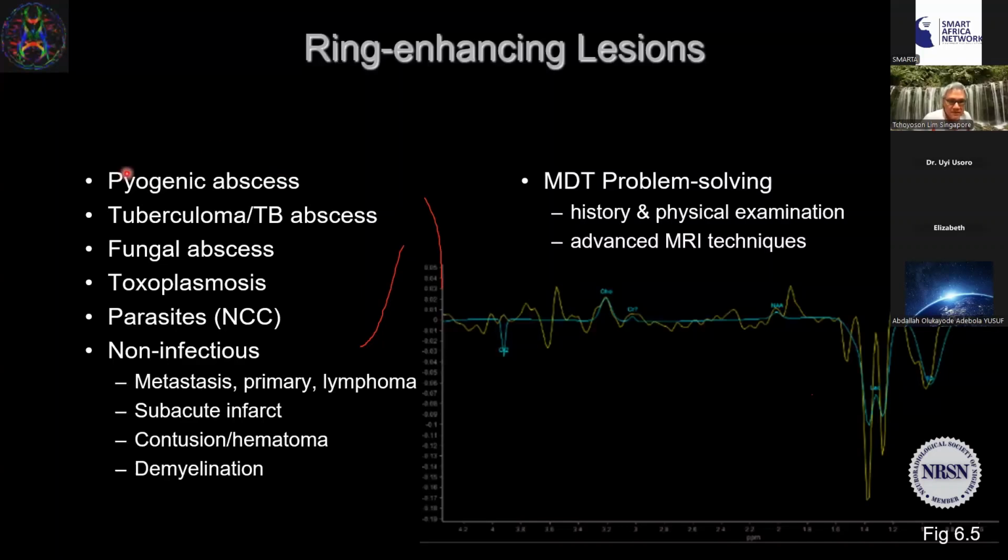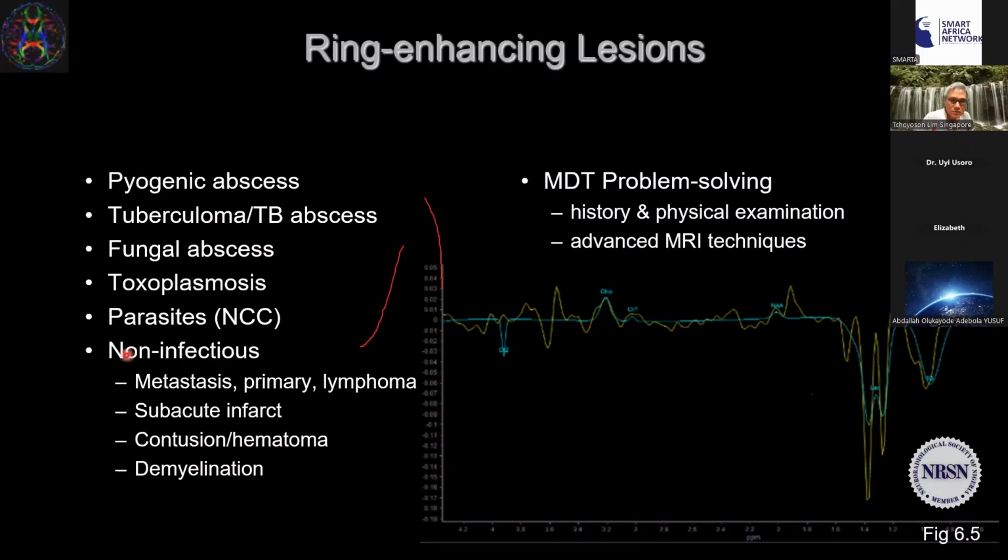Amongst the ring-enhancing lesions, we should be aware that infection is responsible for the pyogenic abscesses, tuberculomas, and some of them can be TB abscesses. They can be fungal. They can be due to parasites like toxoplasmosis and neurocysticercosis.